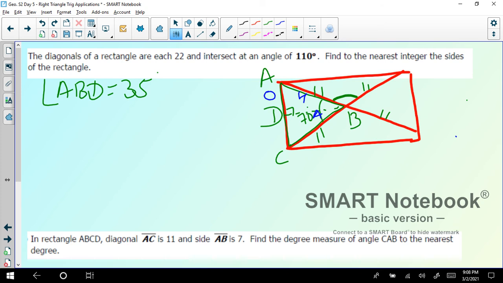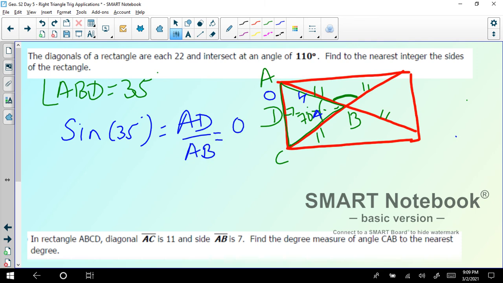We need to find AD, which is opposite over hypotenuse, which is nothing but sine of 35 degrees equals AD over AB.